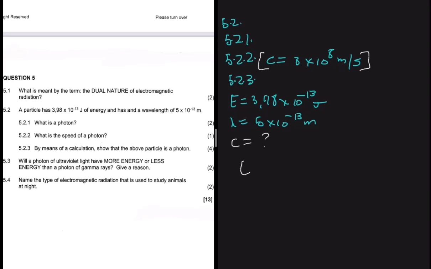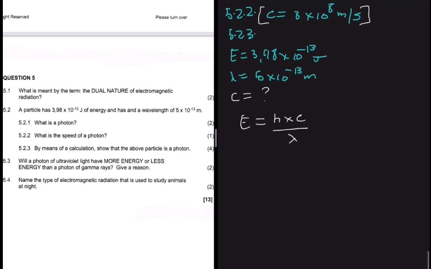We know that the energy is equal to Planck's constant multiplied by the speed of light divided by the wavelength. Right, and then what is the energy? It is given to us. We have 3.98 times 10 to the minus 13.